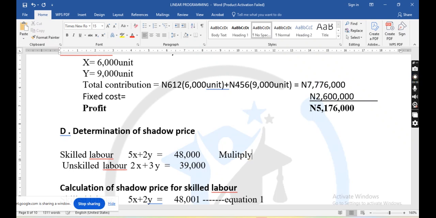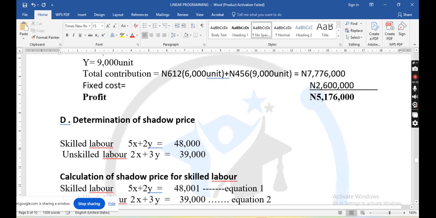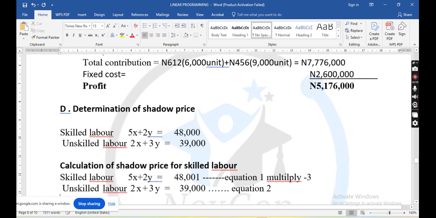Oh, I'm supposed to use this one. Multiply, or should I put a sign? Let me write it down. Multiply by minus 3.